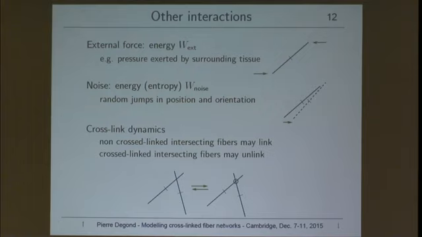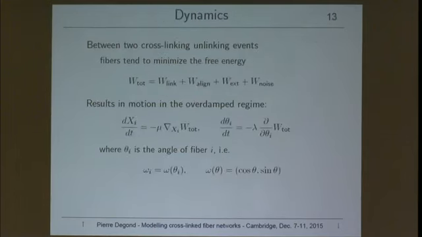I'm going to go into more detail about these energies right now. But what I'm doing is summing up all these energies, such as the restoring force energy, the alignment force energy at the cross-link. These two energies are related to the cross-links, then the external potential, and the noise.